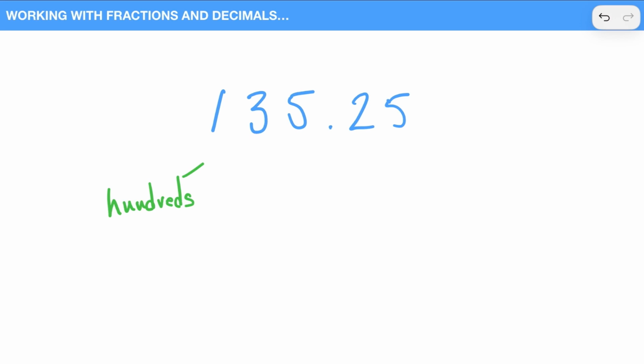The 3 is in the tens place, and the 5 is in what's called the ones place, right? Because this represents 100, this represents 30, and this is just a standalone 5.